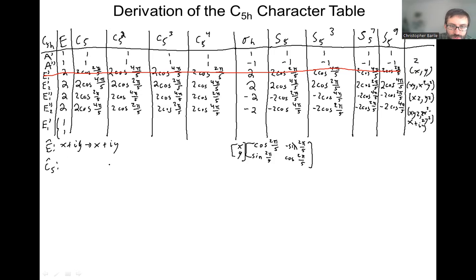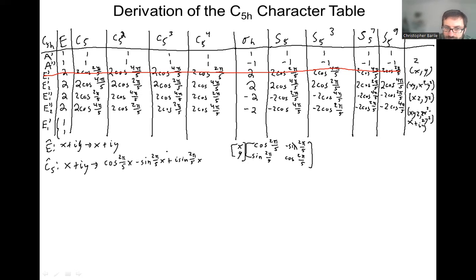But now we go to the next symmetry class here, which is C5. So the C5 operation, what does that do? Well, x plus iy is going to go to, the x part of that is going to go to, just doing row by column matrix multiplication here for our 2 by 2 rotation matrix, cosine 2 pi over 5 x minus sine 2 pi over 5 x plus i sine 2 pi over 5 x, right?